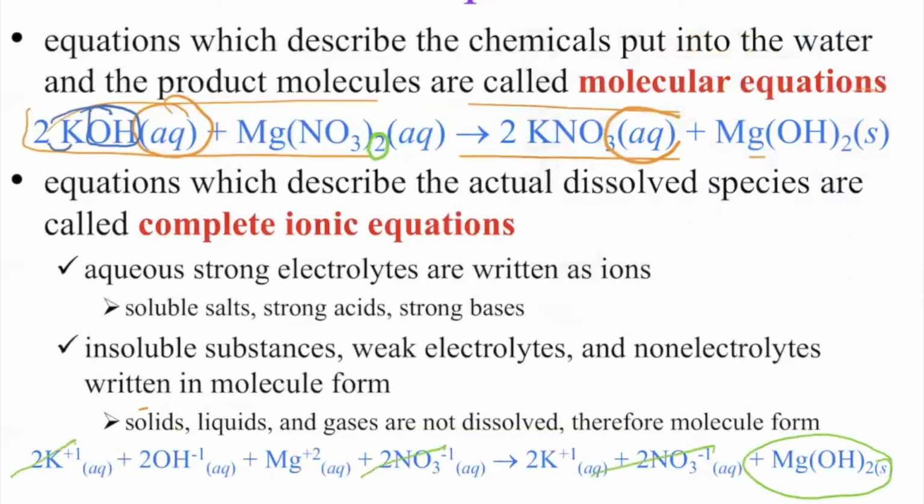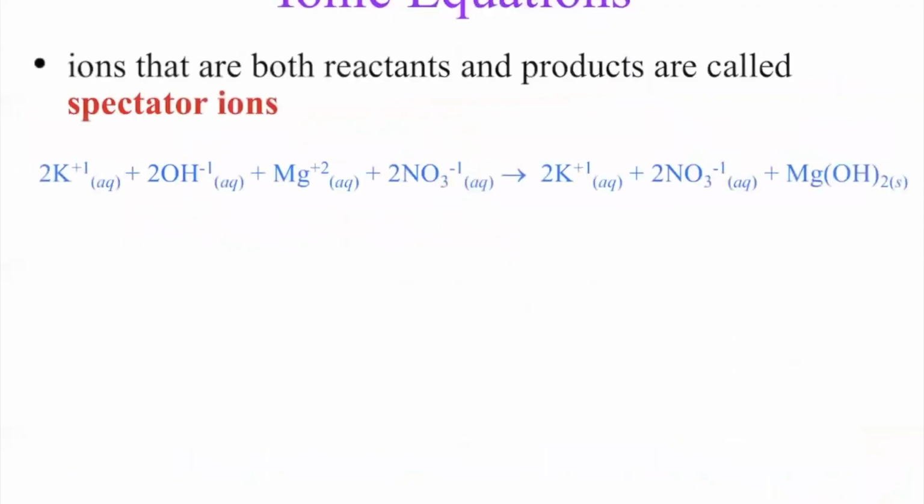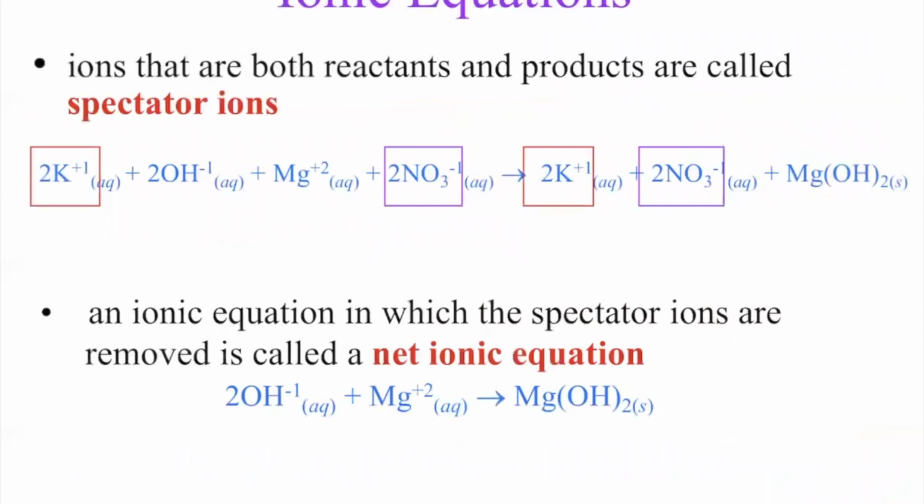Potassium, here's potassium, here's potassium. Everything else, all you do is bring it to the bottom. Those that we cancel are called spectator ions. Notice that we cancel and then we just bring everything down that we did not cancel, and that's considered your net ionic equation.